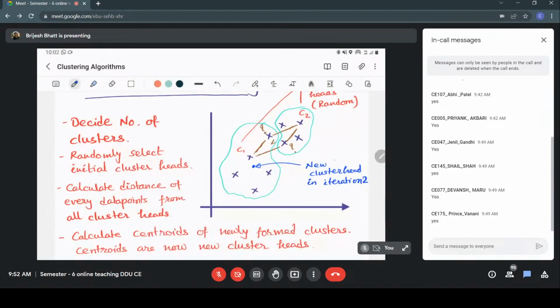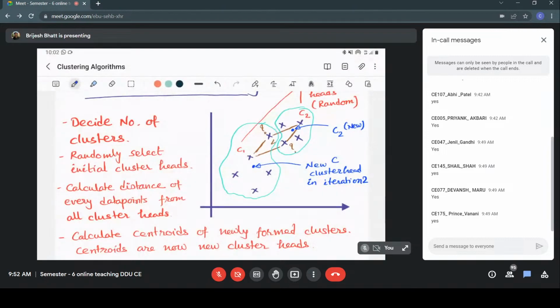So this becomes a new C1 now. And similarly, there will be a new C2 here, in iteration 2.